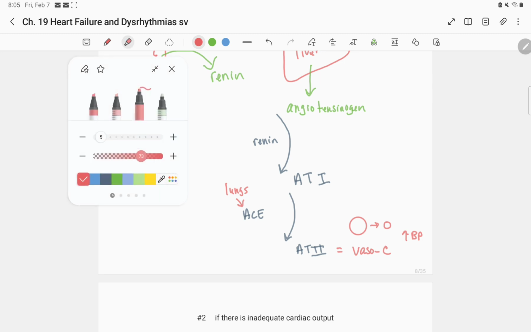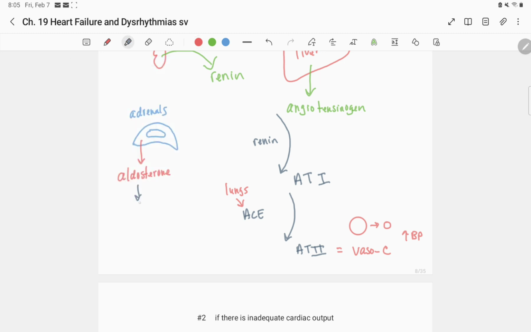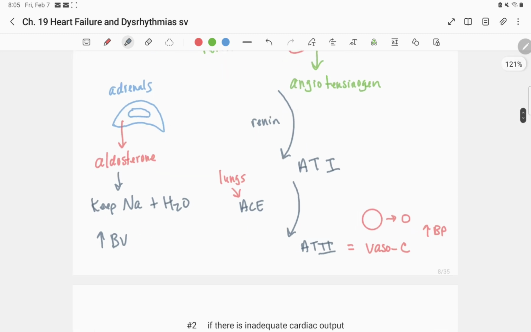And in the presence of aldosterone, you're going to keep sodium and water. So this increases blood volume, and fluid is heavy. So if you're going to keep fluid, then the pump has to work harder. So that increases blood pressure.